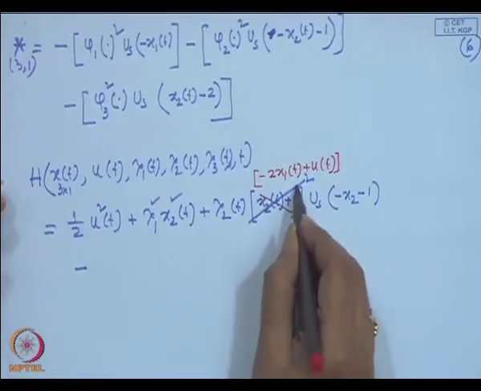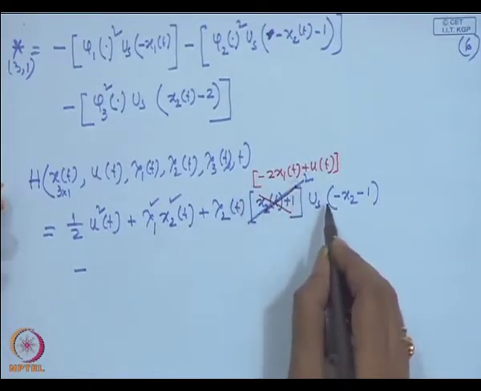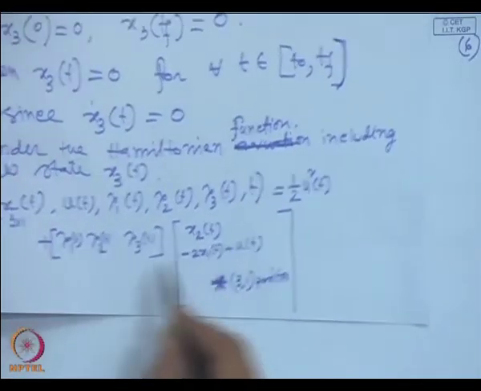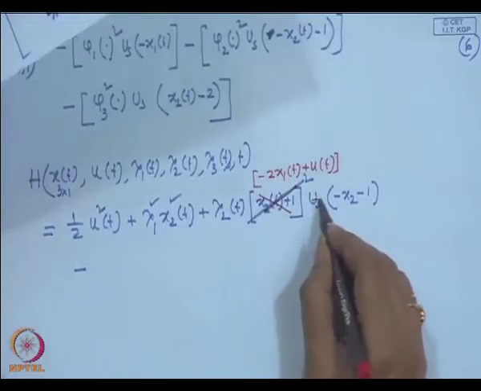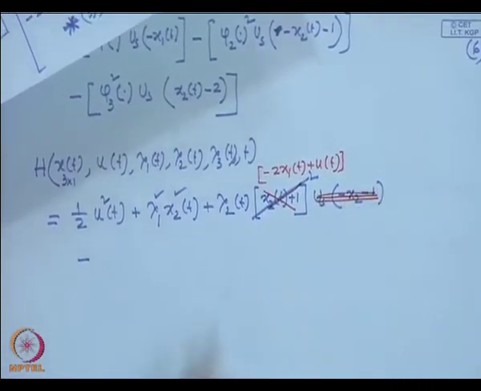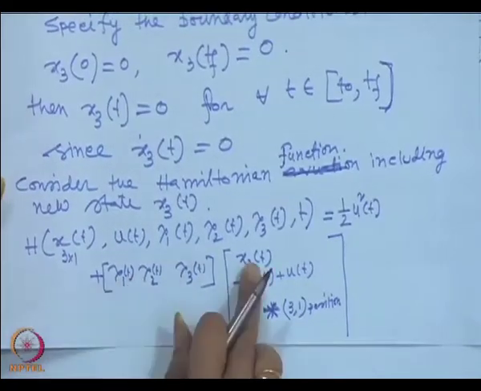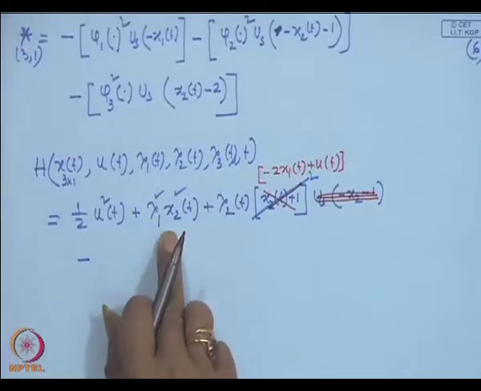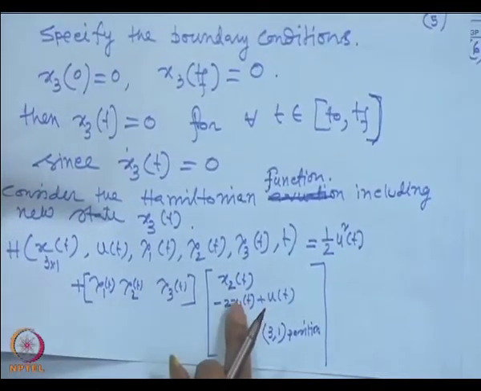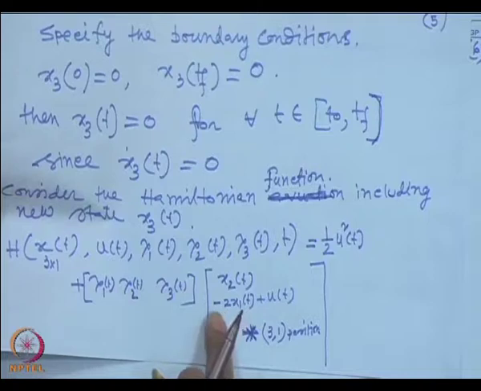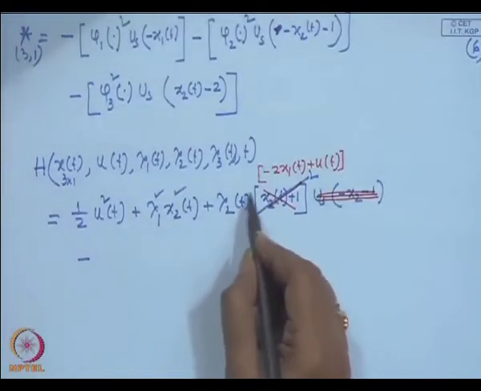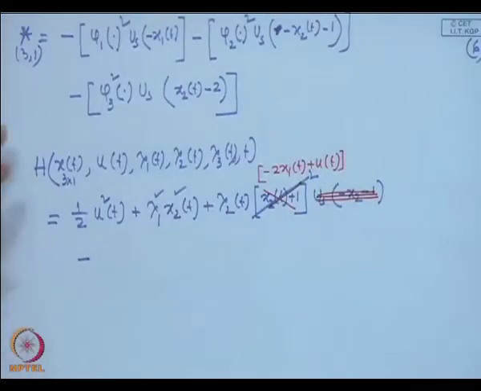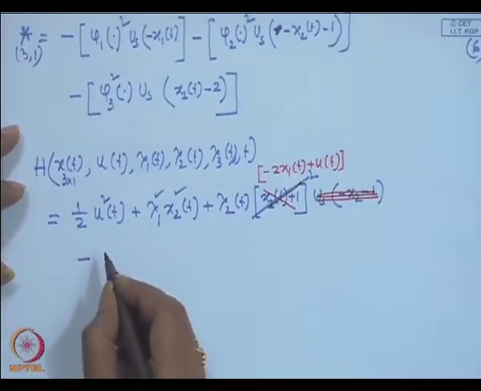This is wrong, there is no u s of t here. So, lambda 1 into x 2, then lambda 2 into minus 2 x 1 plus u, then next is lambda 3.